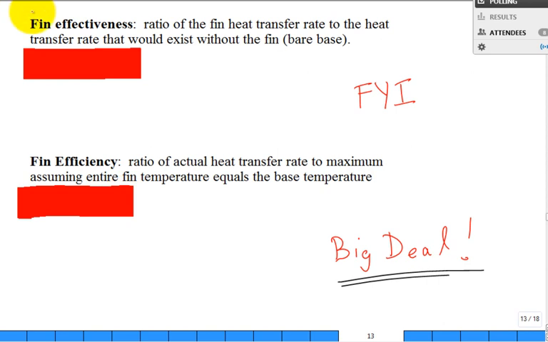To me, this is the big deal, the fin efficiency. The fin effectiveness, FYI, and there's so much stuff to keep straight in your mind. Try not to even put it in your mind. How's that? The definition is easy. It's just focus on the big deal, what's more important, and that's the fin efficiency.